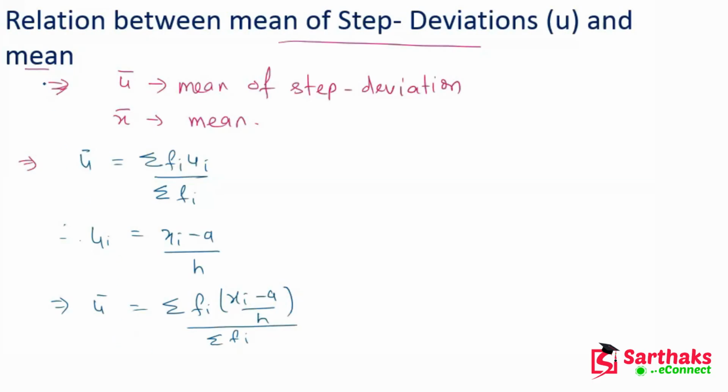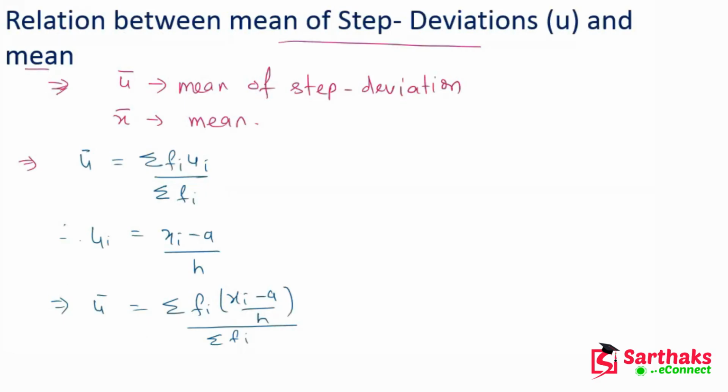So now my dear friends, this will become u bar is equal to, taking h outside, 1 upon h, big bracket, summation of fi xi minus a into summation of fi, divided by summation of fi, bracket close.